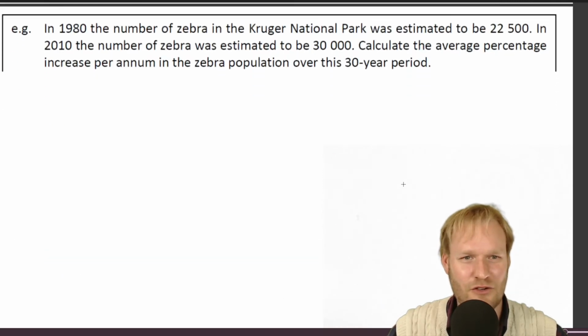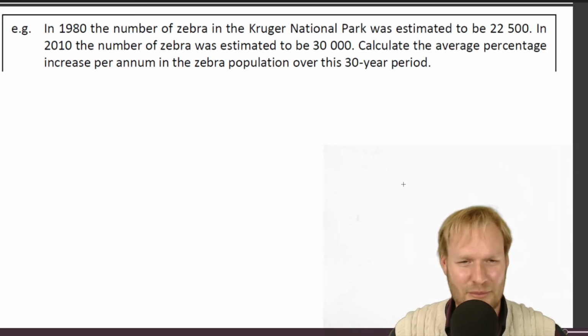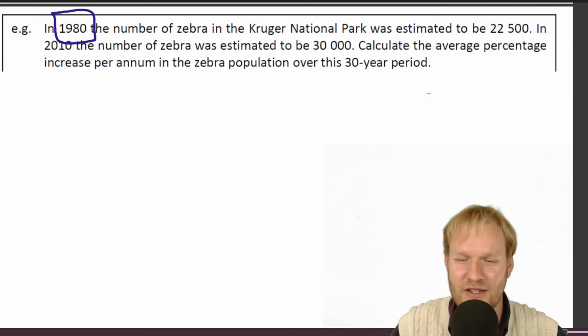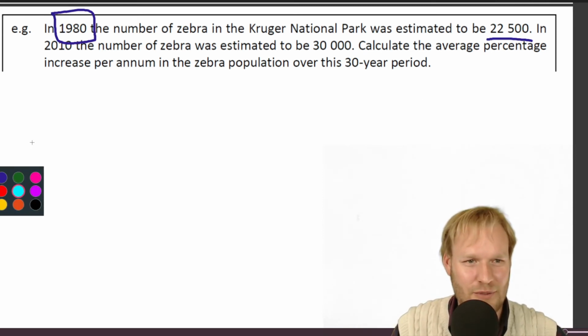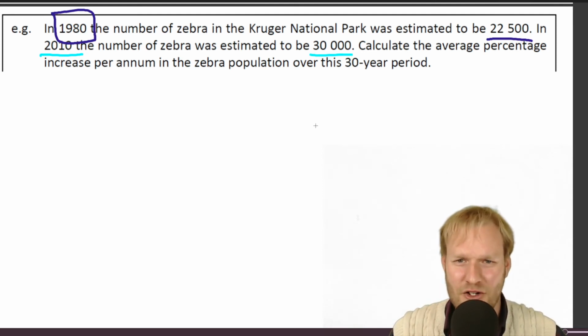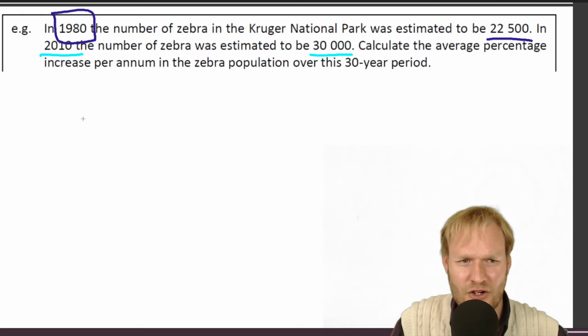Okay, let's go for some zebra in the Kruger Park. I have no idea if this figure is vaguely accurate or where these numbers came from, so don't hold me to them. In 1980, there were 22,500 zebra in the Kruger National Park, and apparently in 2010, there were 30,000. Now we need to calculate the average percentage increase per annum of the zebra population over these 30 years. Again, we're using A equals P(1 plus i).